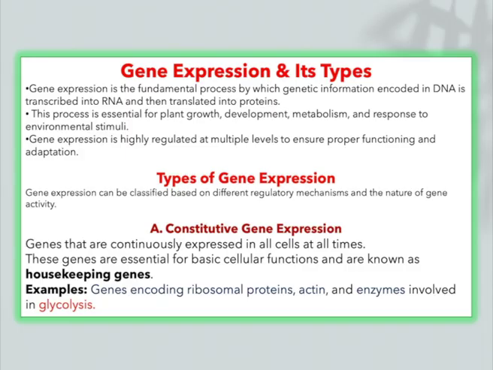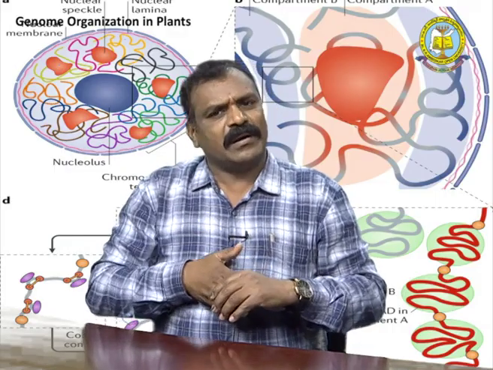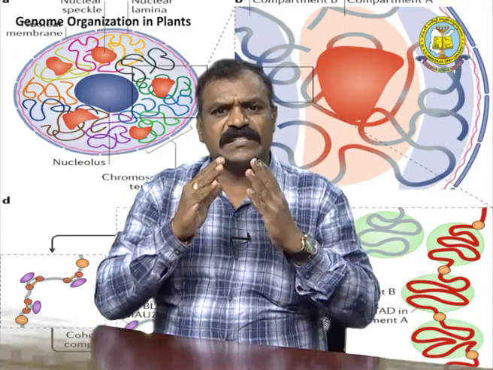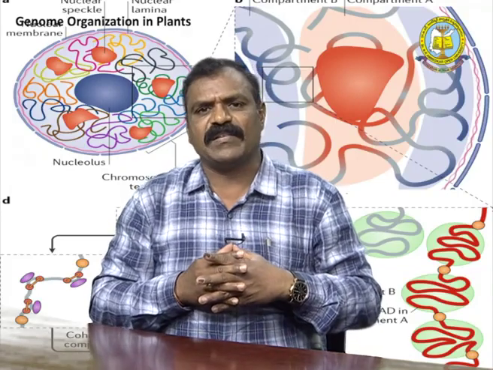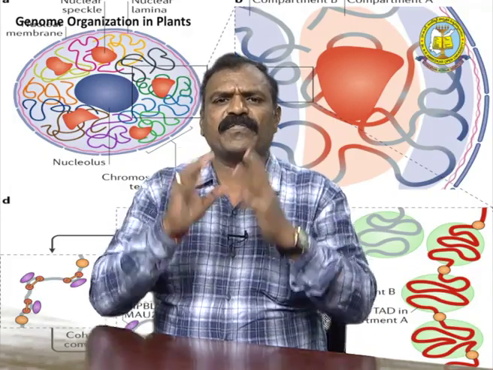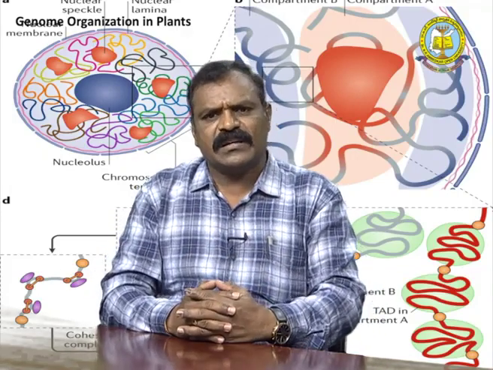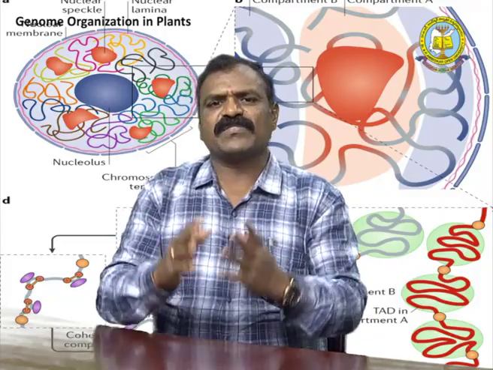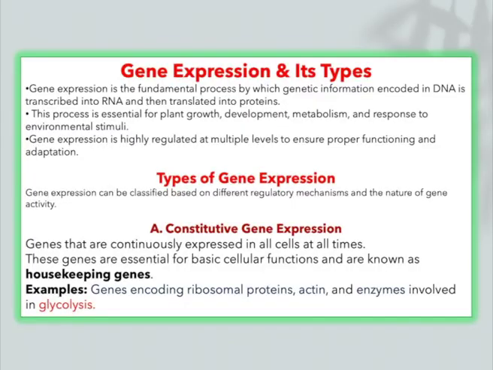The development and growth of the organism is controlled by gene expression, as well as metabolism and response to environmental stimuli. Gene expression is highly regulated at multiple levels to ensure proper functioning and adaptation. Then we are going to discuss the different types of gene expression. Number one, constitutive gene expression.